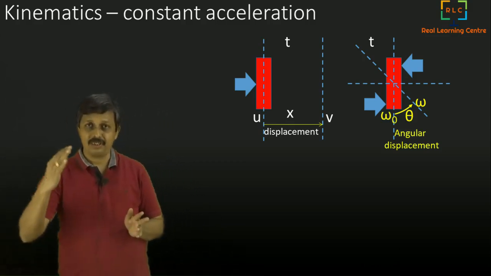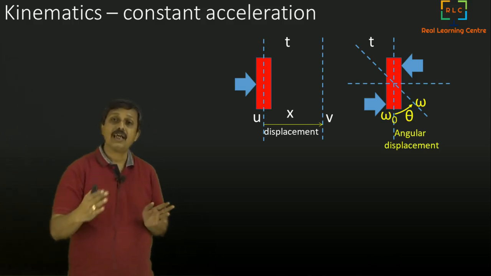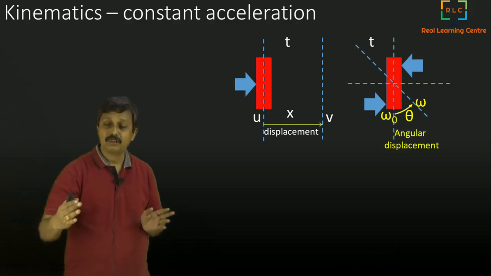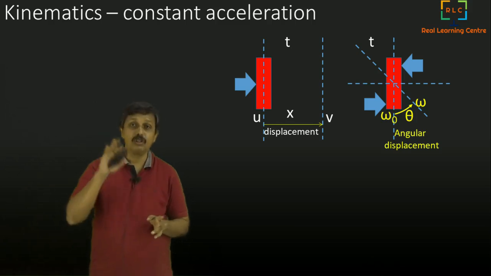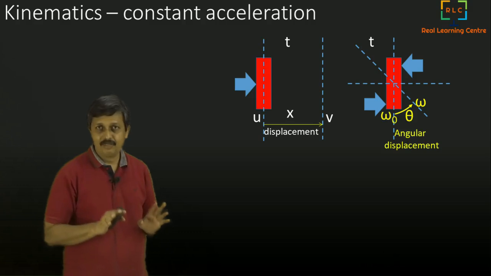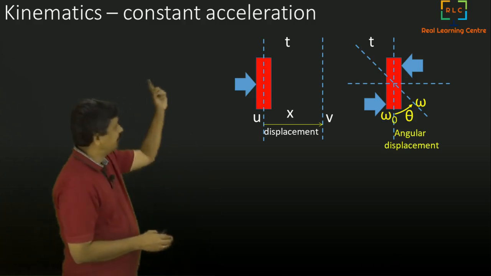But if 10 to 20 happens in 2 seconds, 20 to 30 happens in 1 second, and 30 to 40 happens in half a second, then it means that acceleration also is changing. Such scenarios we will not address. We will address only the changing velocity but constant acceleration.